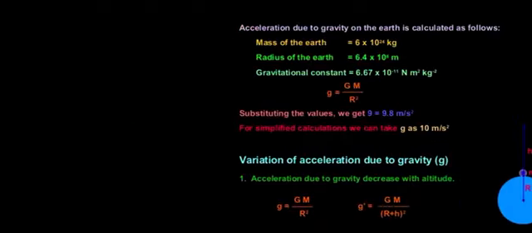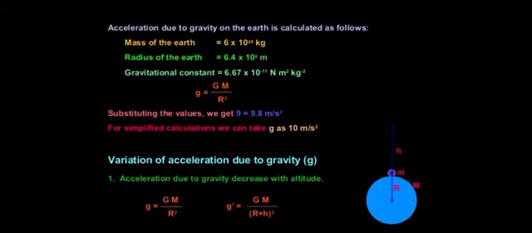So let's calculate this value. For this, we will put all these values. Here you can see mass of the earth, which is 6 into 10 raised to power 24 kilogram. Radius of the earth 6.4 into 10 raised to power 6 meter. And gravitation constant, which is 6.67 into 10 raised to power minus 11 Newton meter square per kilogram square.